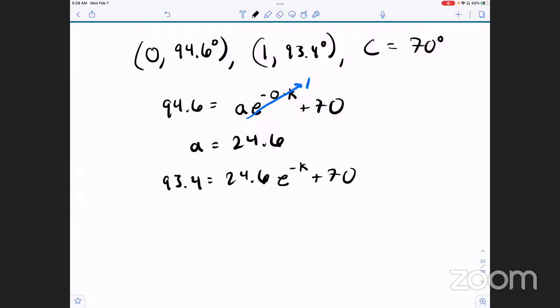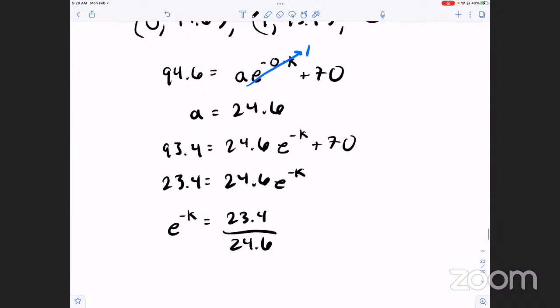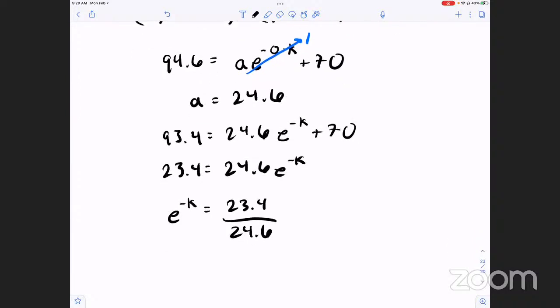we get 23.4 equals 24.6 e to the negative K. So then e to the negative K equals 23.4 over 24.6. Taking the natural log of both sides, K equals the natural log of 23.4 over 24.6.